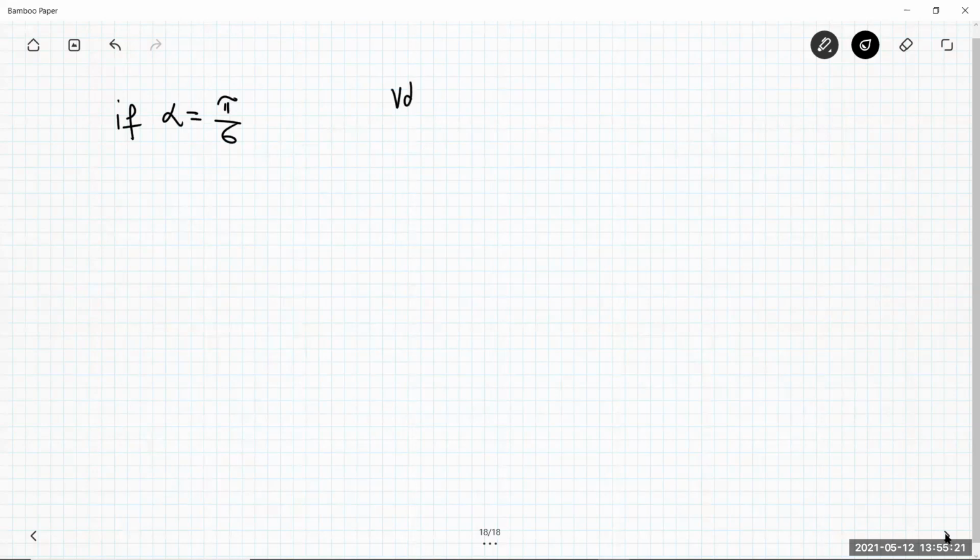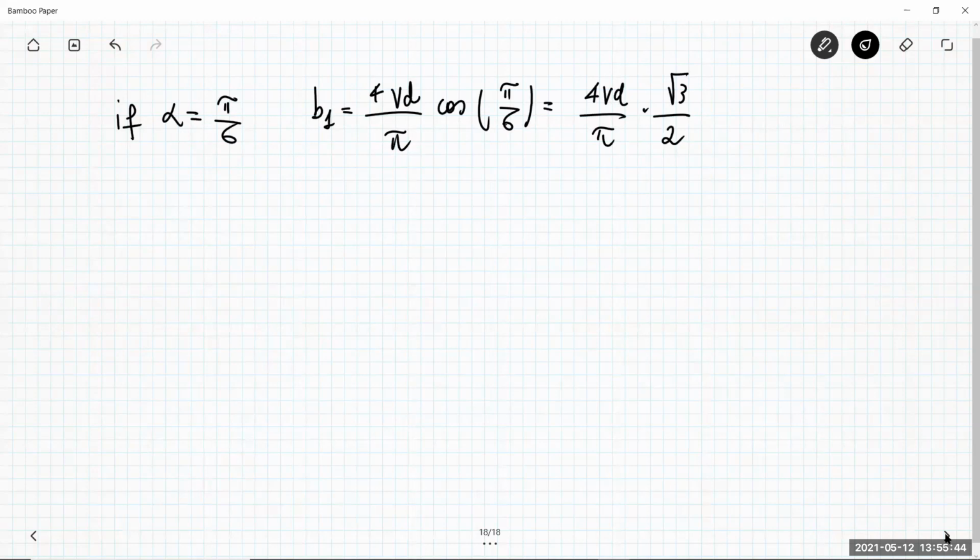Let me consider the first amplitude, so B1. B1 is 4 Vd over P cosine alpha. And this is 4 Vd over P times the square root of 3 divided by 2.